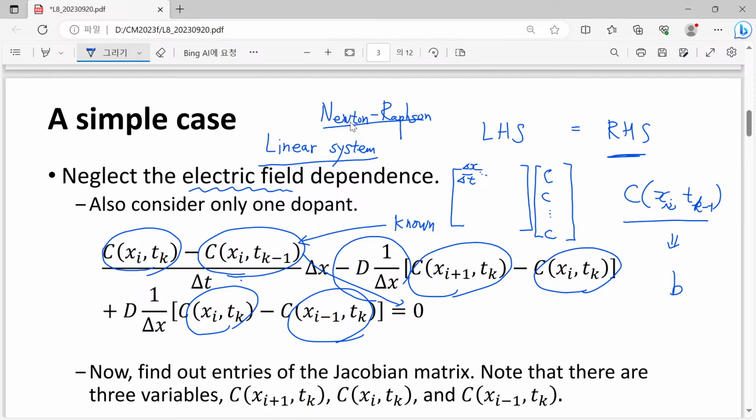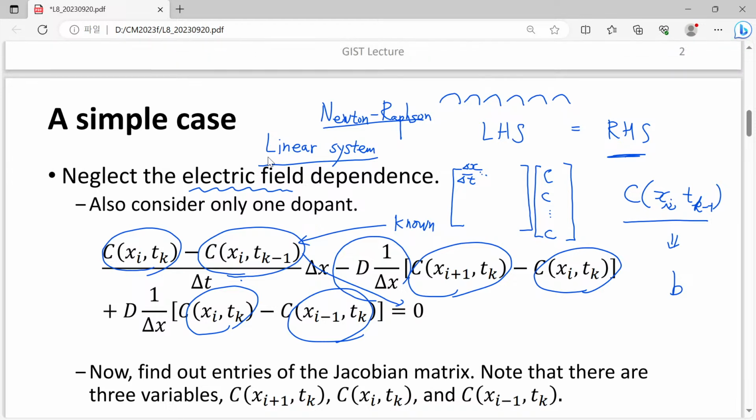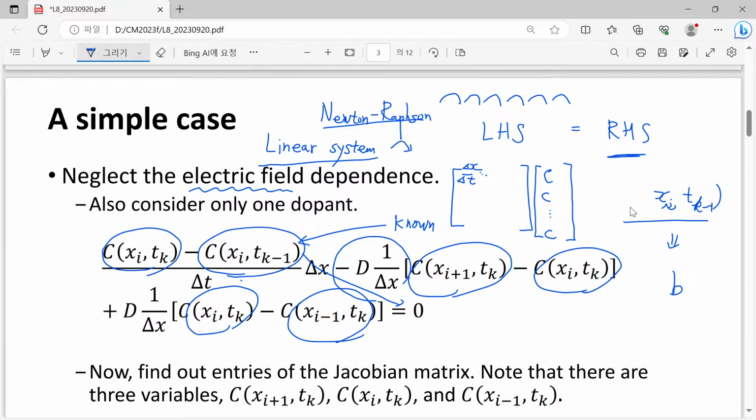I mean that Newton-Raphson is an iterative method, so we usually have to do many iterations to eventually get the solution. However, if the system itself is linear, then only one iteration will give us the perfect solution. You can understand this.